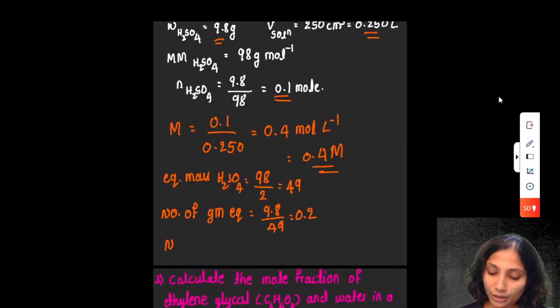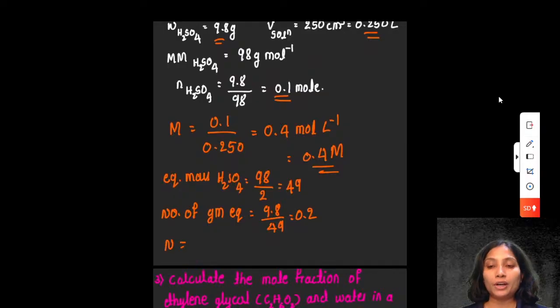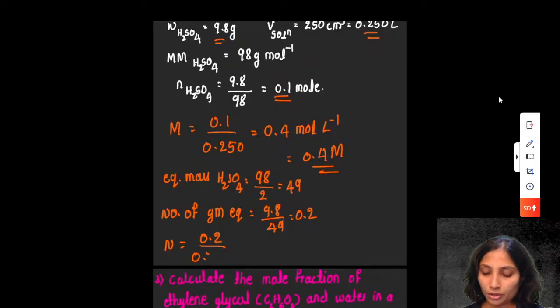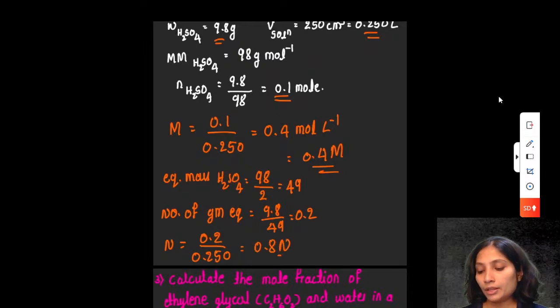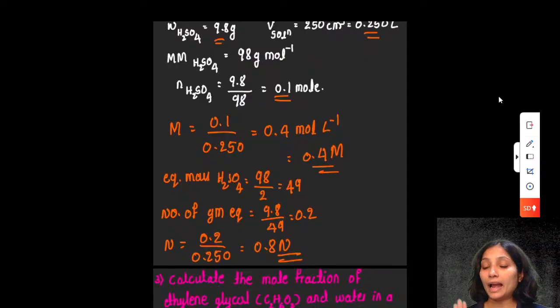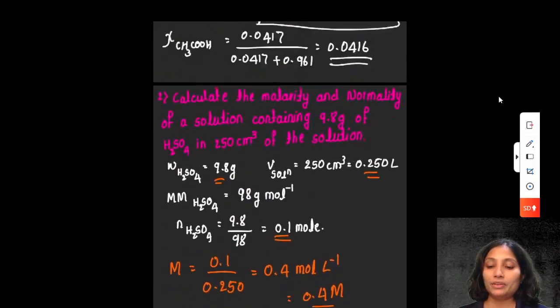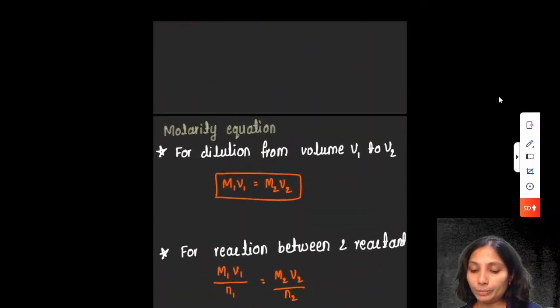What is the formula to calculate normality? Number of gram equivalent divided by volume of solution in liter: 0.2 divided by 0.250, which is equal to 0.8 normal. This is how we will calculate normality. And one more formula we learned here, which I'll show you.